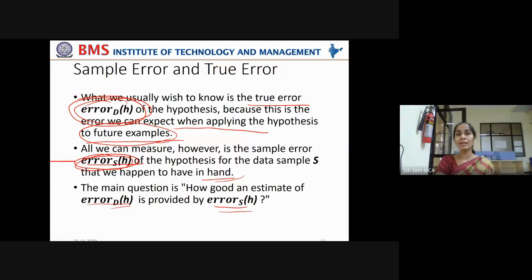How well can you estimate the true error if you know the sample error? That is the main question. That is how you can evaluate whether your machine learning model is generalizable or not, whether it is working well with unseen data also.